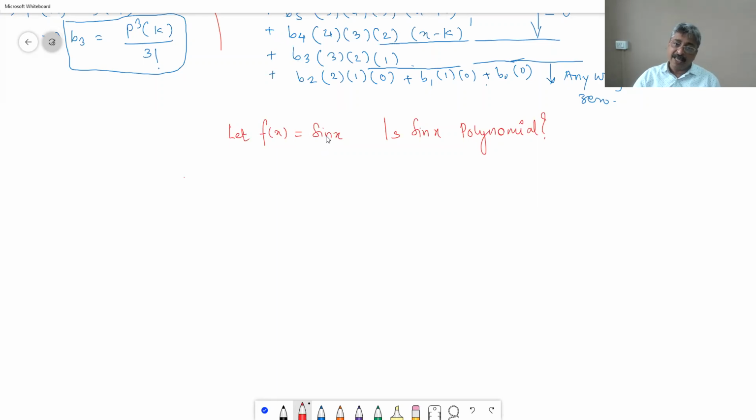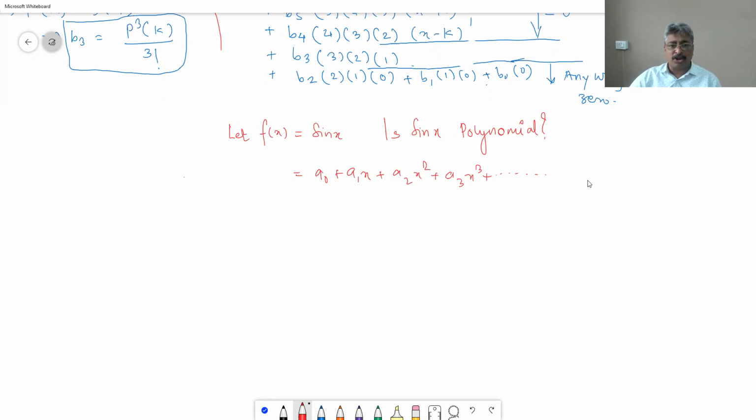In other words, can I write f of x as sin x and f of x as some polynomial a0 plus a1x plus a2x square plus a3x cube plus something, maybe finite, maybe infinite.